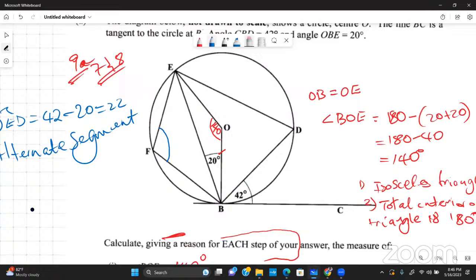First, one of the methods is that I could use this angle here and say angle at center is half the angle at the circumference, but I need that reflex angle out there. So the first move that I'll make is to say 360 minus 140, which is 220.